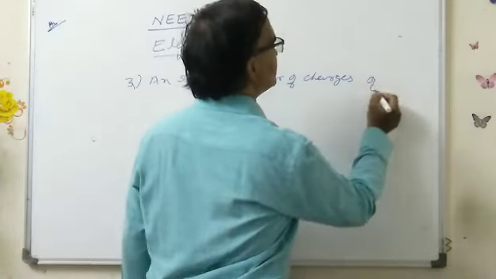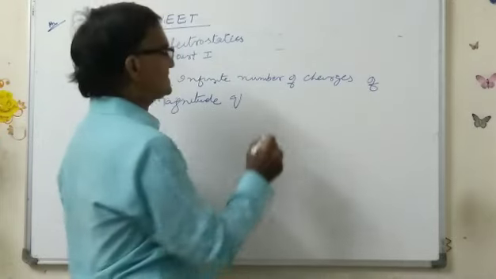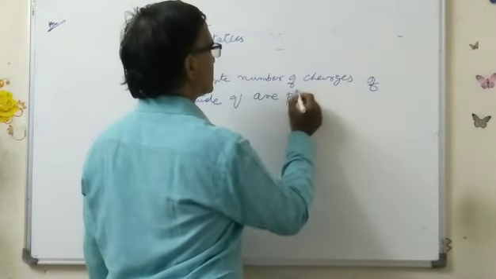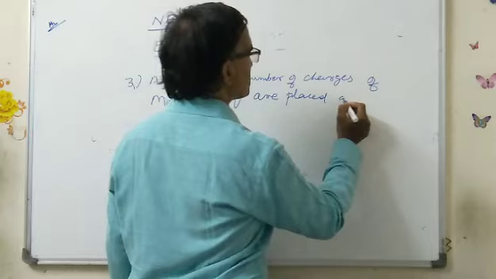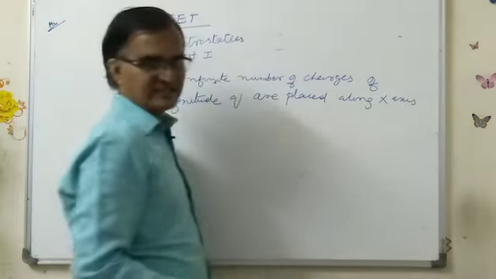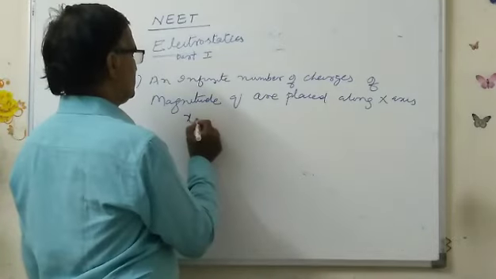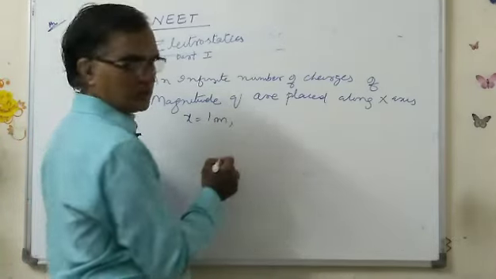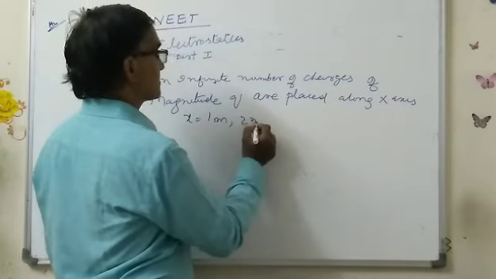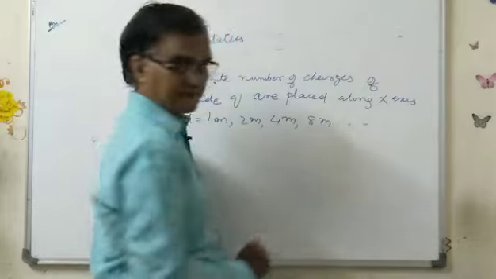Of magnitude Q are placed along the x-axis, at distances x is equal to 1 meter, 2 meters, 4 meters, 8 meters and so on.